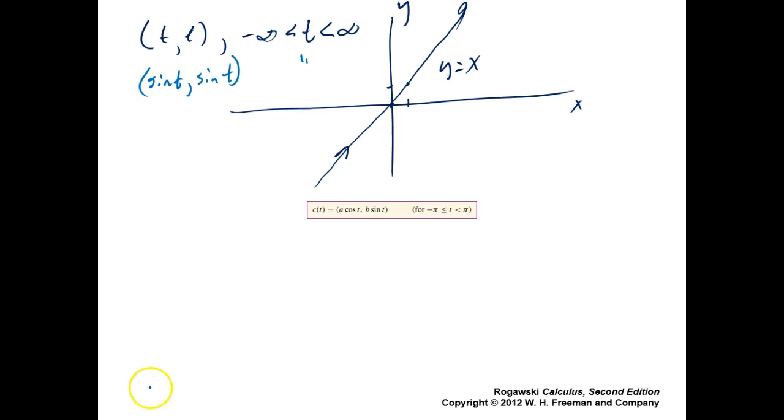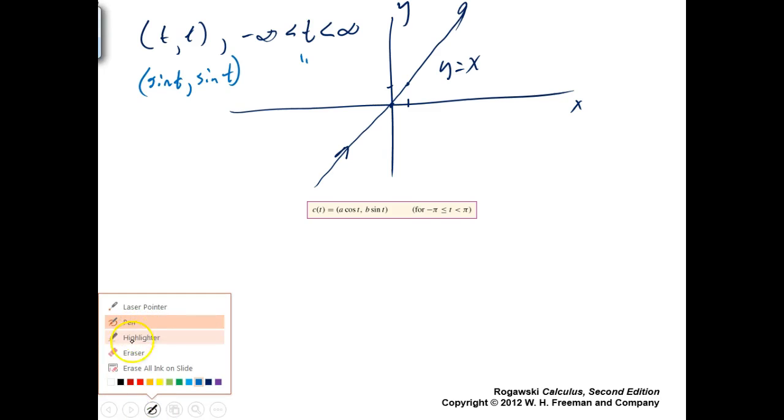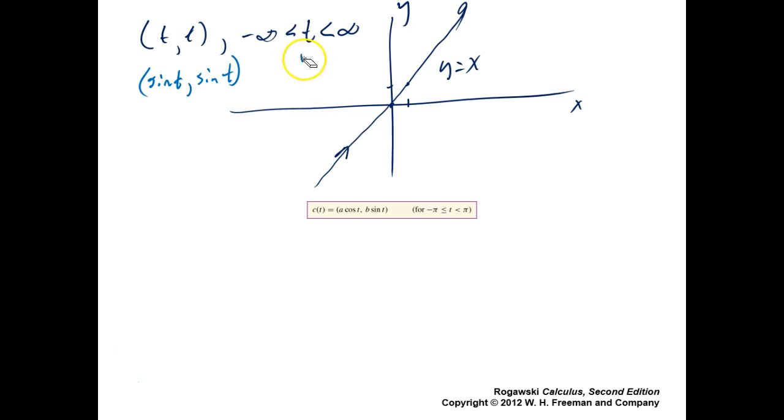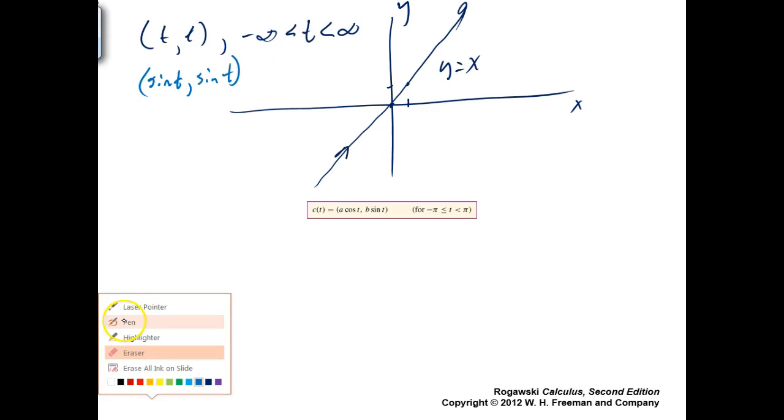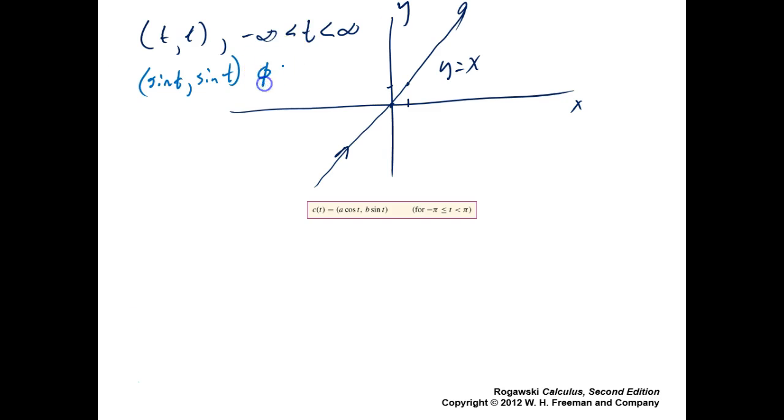0 to 2 pi, sorry. Okay, give me a t. Pi halves, okay.